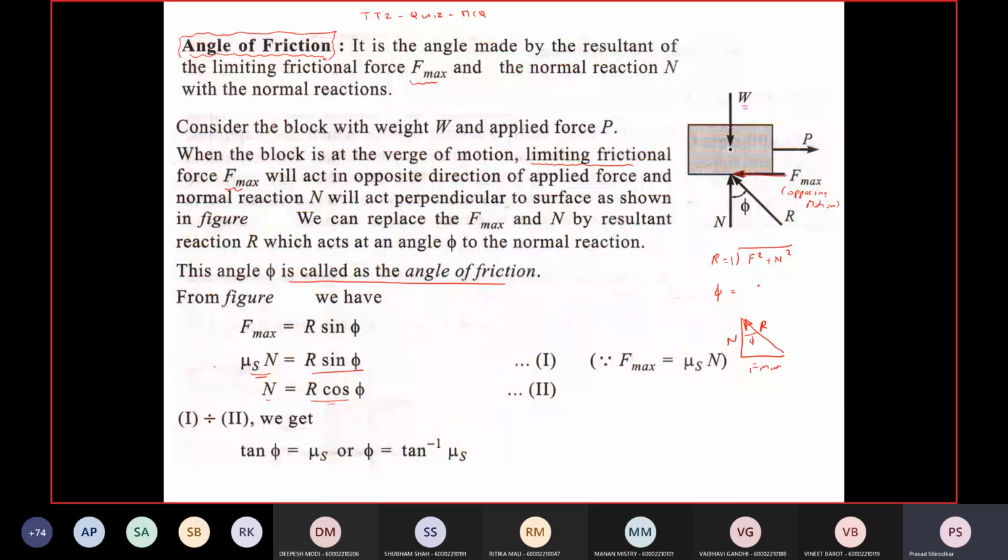I have just resolved this R into components and equated the values. So if I divide equation 1 by 2, I get tan phi. So tan phi is nothing but mu s, the coefficient of static friction, or I can also get the angle of friction as tan inverse of the coefficient of static friction. So that is all about angle of friction.